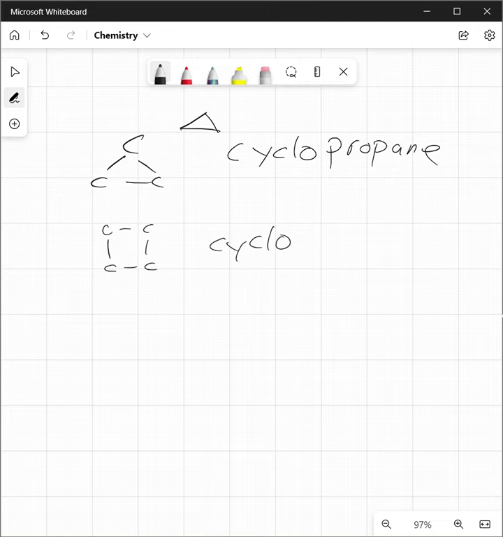Cyclobutane. Cyclopentane looks like a house. Now, those are somewhat common, but the one that you're going to see over and over again because it's stable-ish is 6 carbons: 1, 2, 3, 4, 5, 6, or cyclohexane.